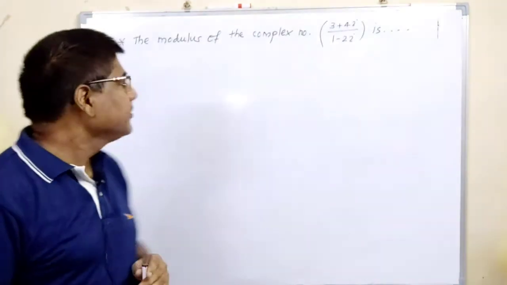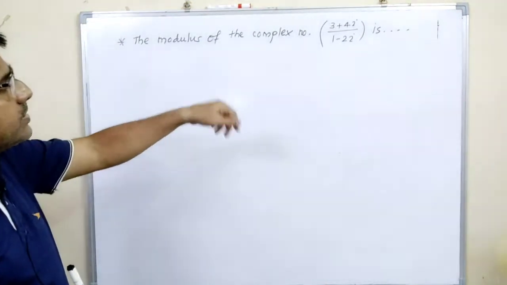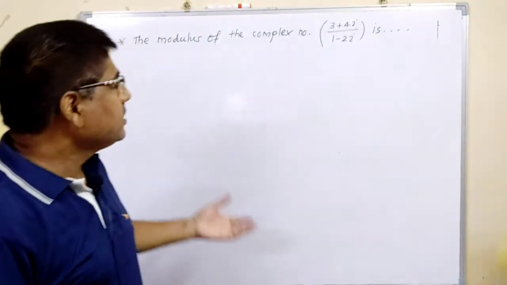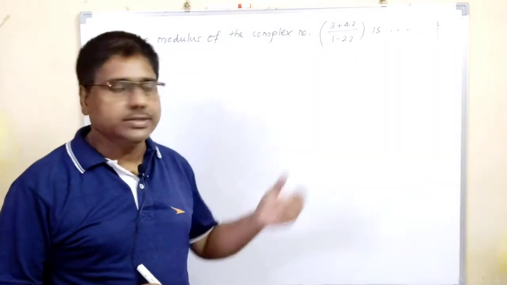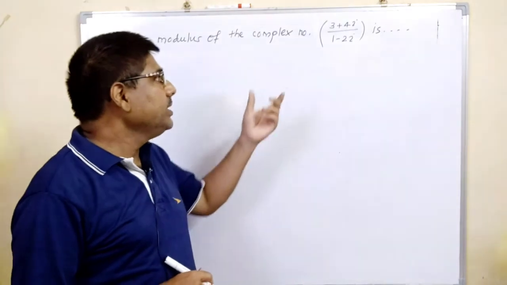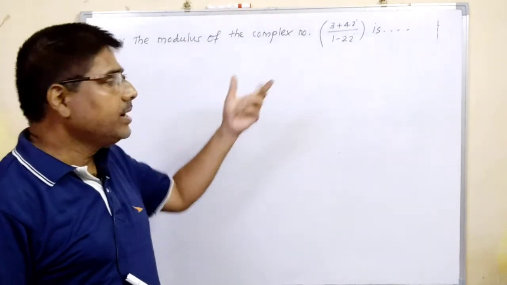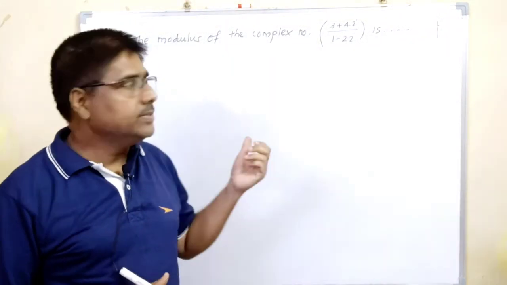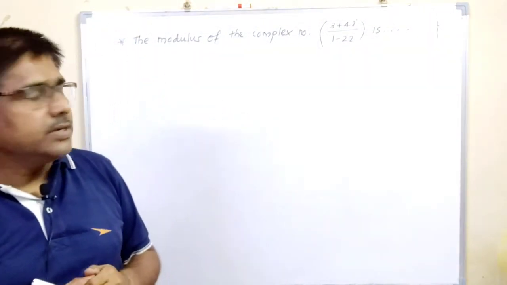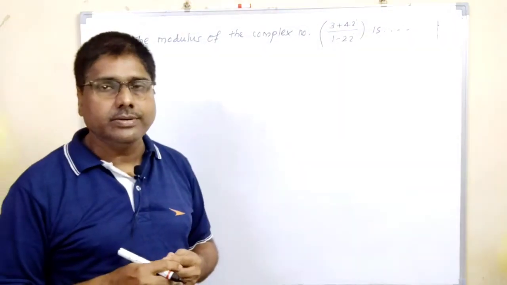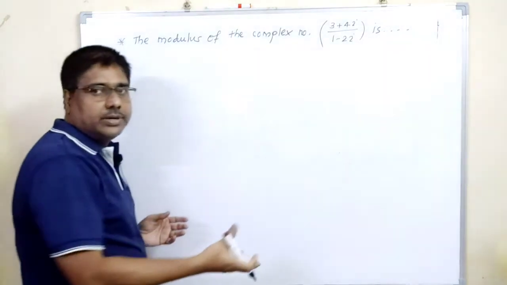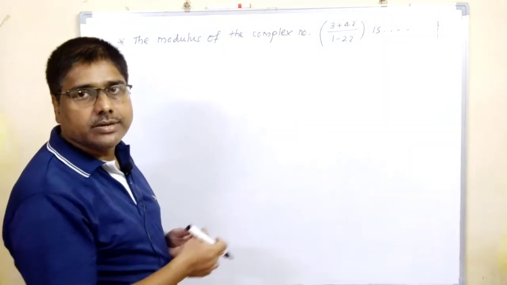Next problem: the modulus of the complex number (3 plus 4i) upon (1 minus 2i) is. We are asked to find the modulus of this given complex number. Therefore, first of all, we need to find the real and imaginary parts of this complex number, that is x plus iy. X is the real part and y is the imaginary part. Let us simplify this complex number to put it in x plus iy form.